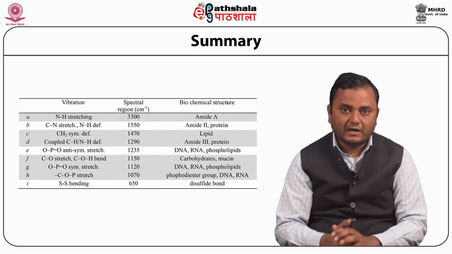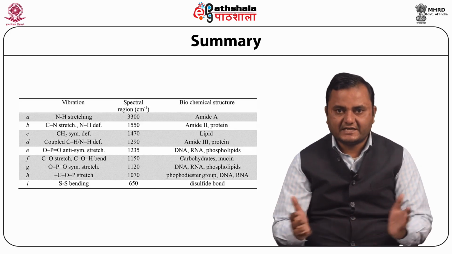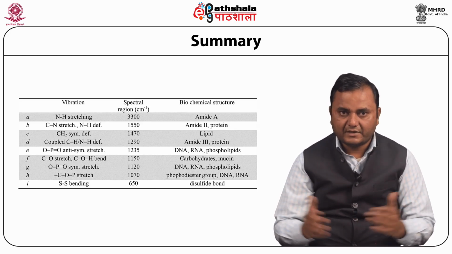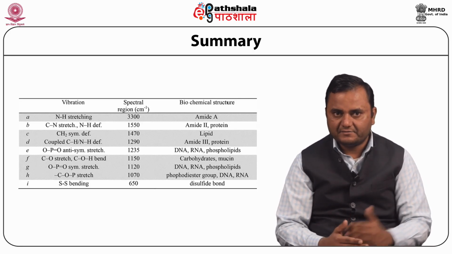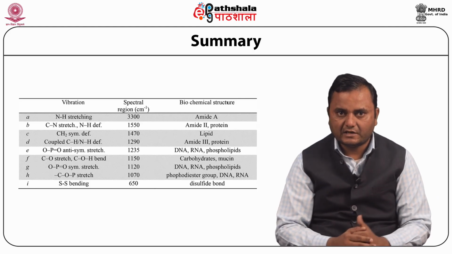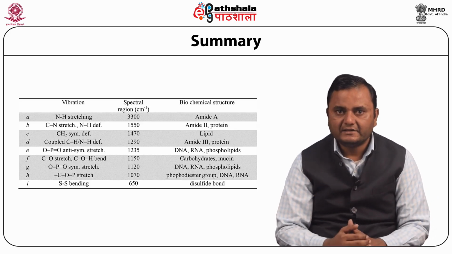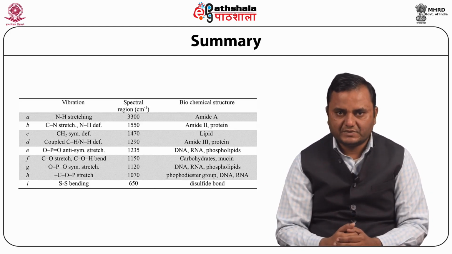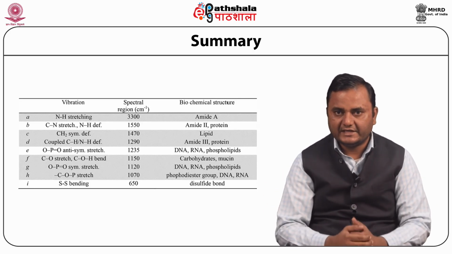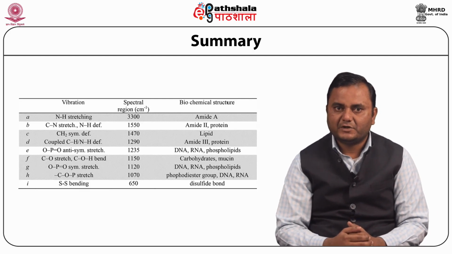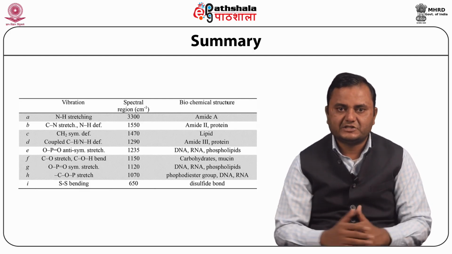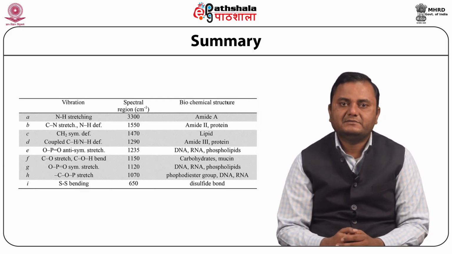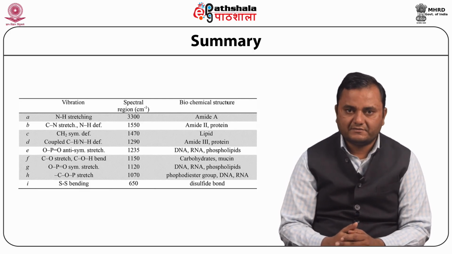If it talks about carbohydrates such as mucin, because of the carbon-oxygen stretching and carbon-oxygen-hydrogen bending, a peak at 1150 per centimeter was observed. But for DNA, RNA, and phospholipid, because of OPO symmetric stretching, an intense peak at 1120 per centimeter was observed.